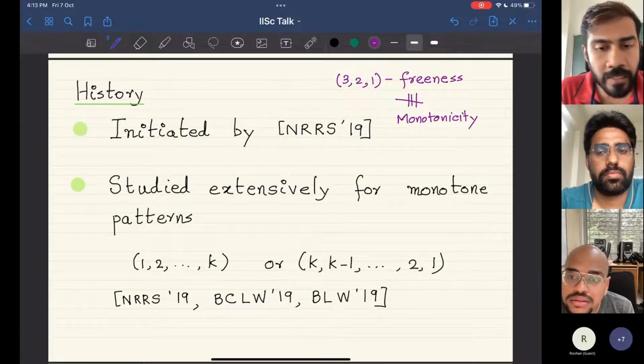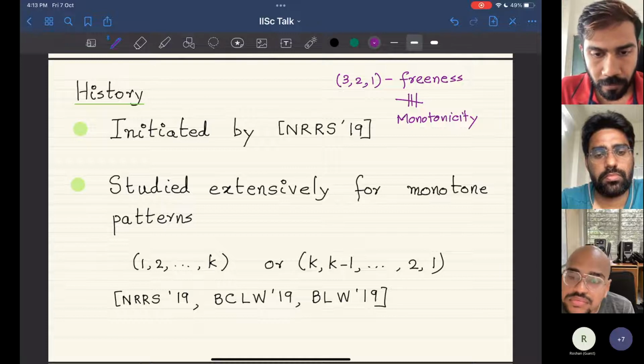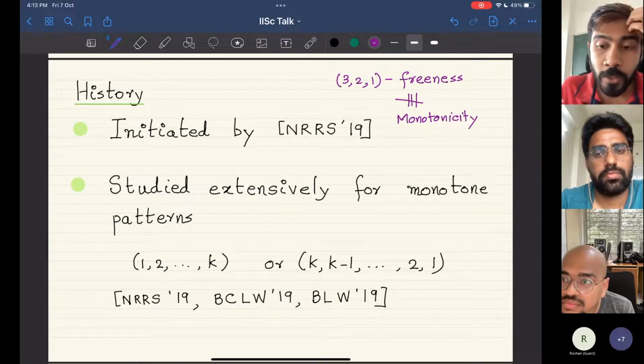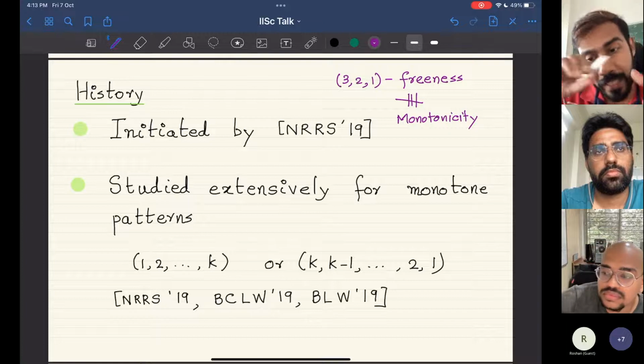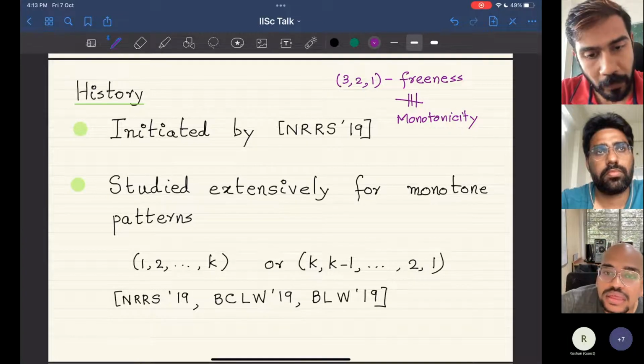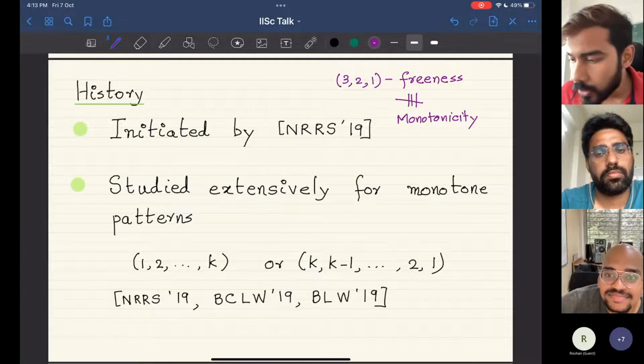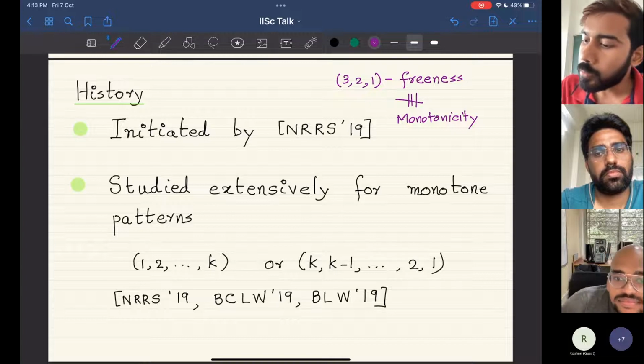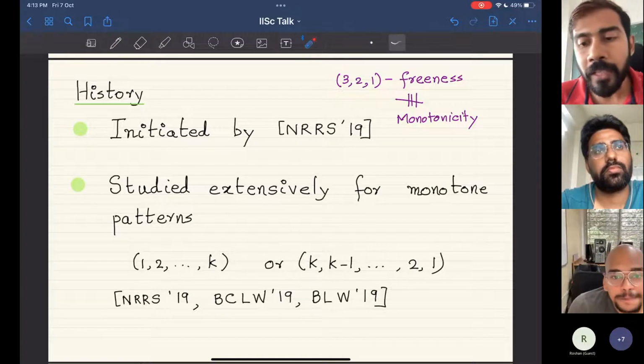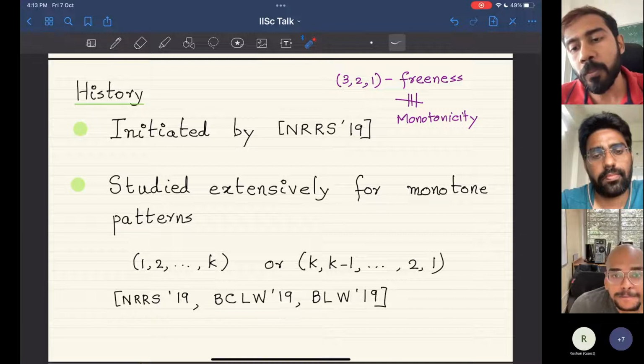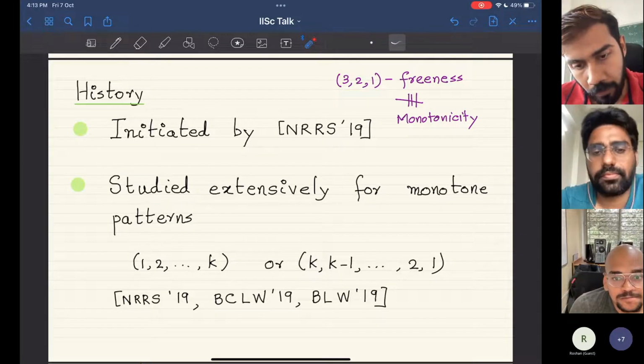An array that is 3-2-1 free does not necessarily have to be sorted. It can still have 2-1 patterns, right? Yes, got it. Thanks. So yeah, the point is, this pattern freeness question has been studied for monotone permutations mostly.